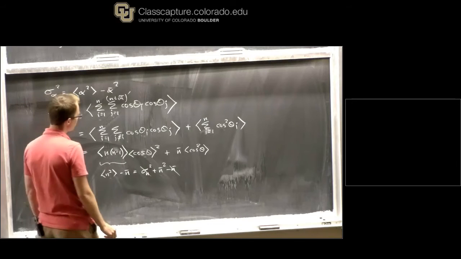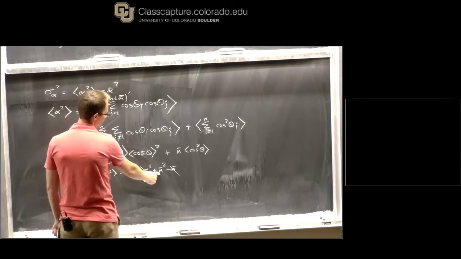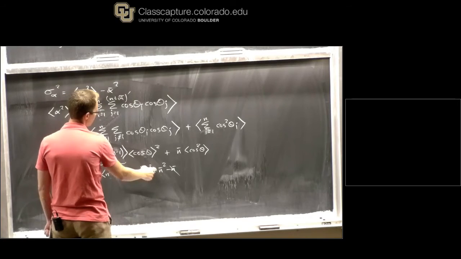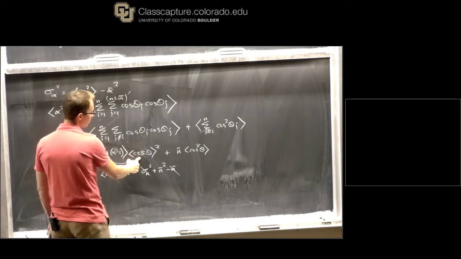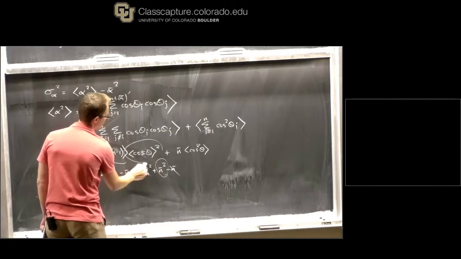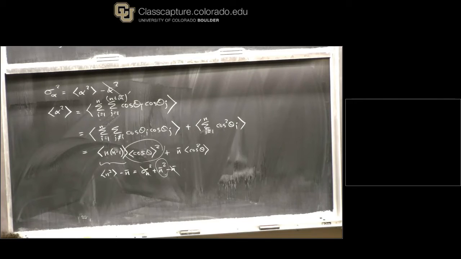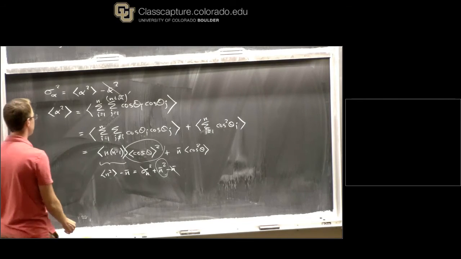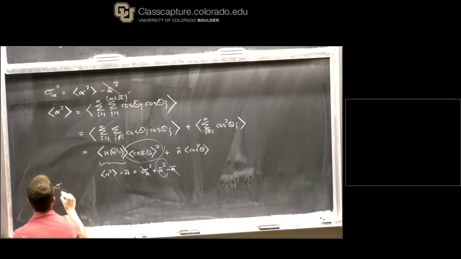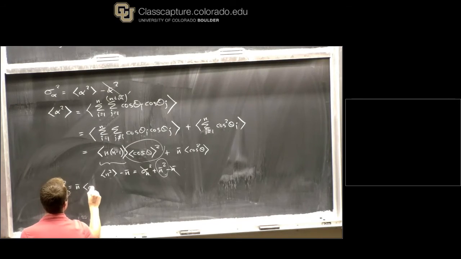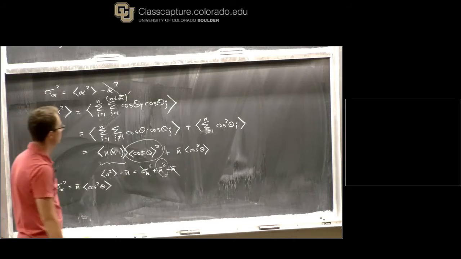And what's nice actually is that n bar times the average of cos theta is actually just alpha bar. So this and this are going to kill this when we plug it back into the variance. So essentially, this just says that the variance is n bar, which we already calculated, times the average of cos squared theta, which we have not calculated, but it's easy enough to do.